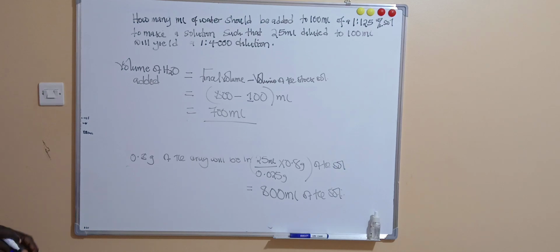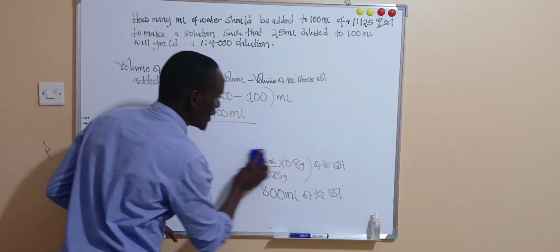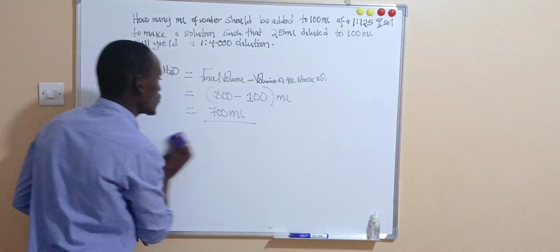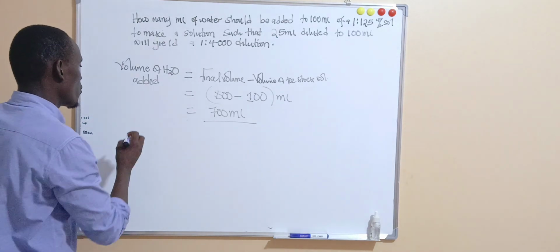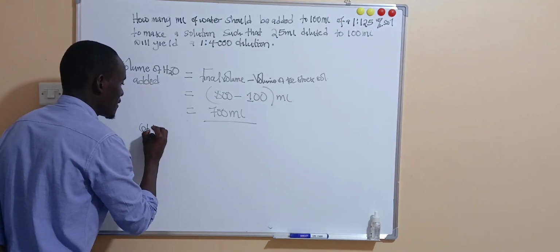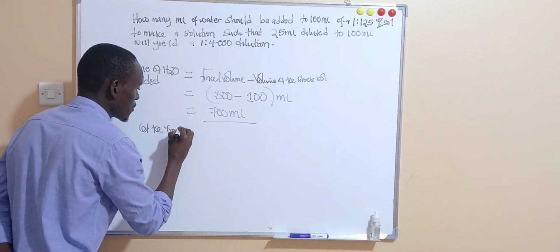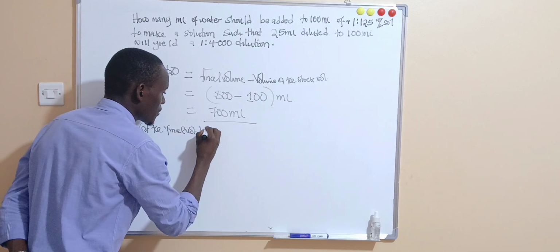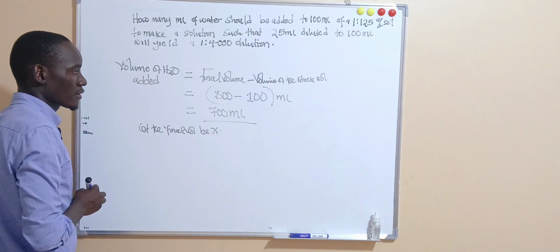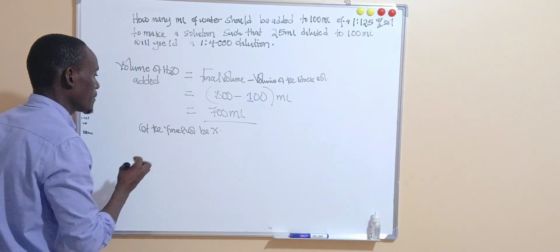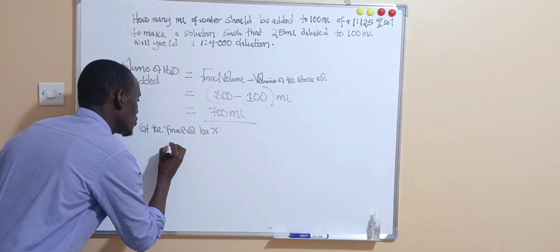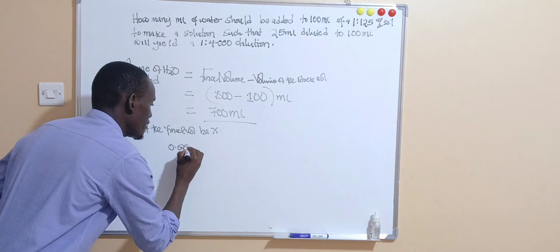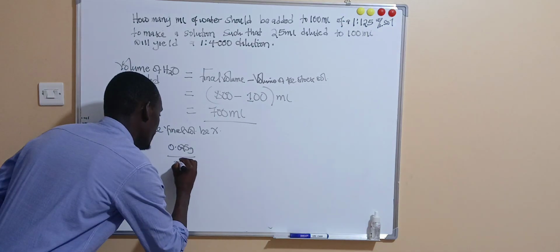Let us look at the other example. Or alternatively, before we look at the other example, if you do not want to calculate this from first principle, we can let the final volume be x, where we shall say that 0.025 grams is in 25 mils.